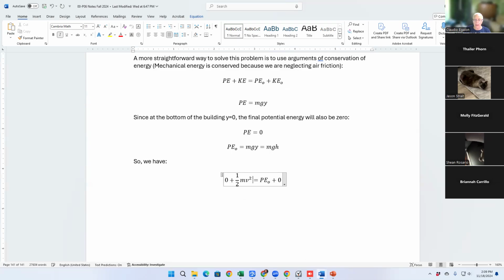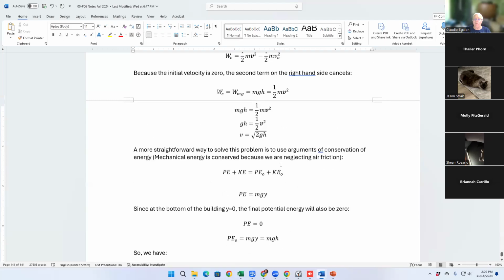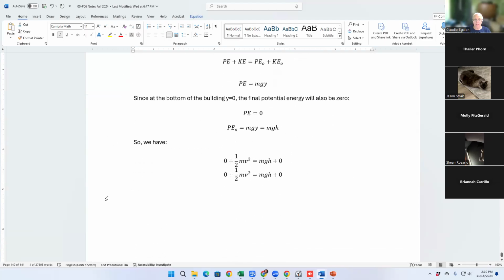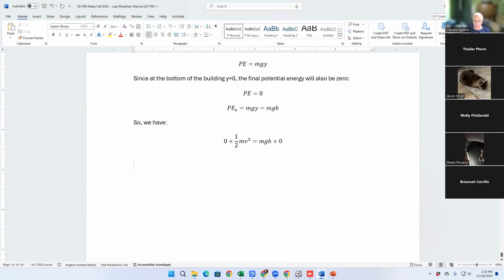We do not know the mass, we do not know the final velocity, and initial potential energy is mgh. And then we end up getting exactly the same result as before, as expected.